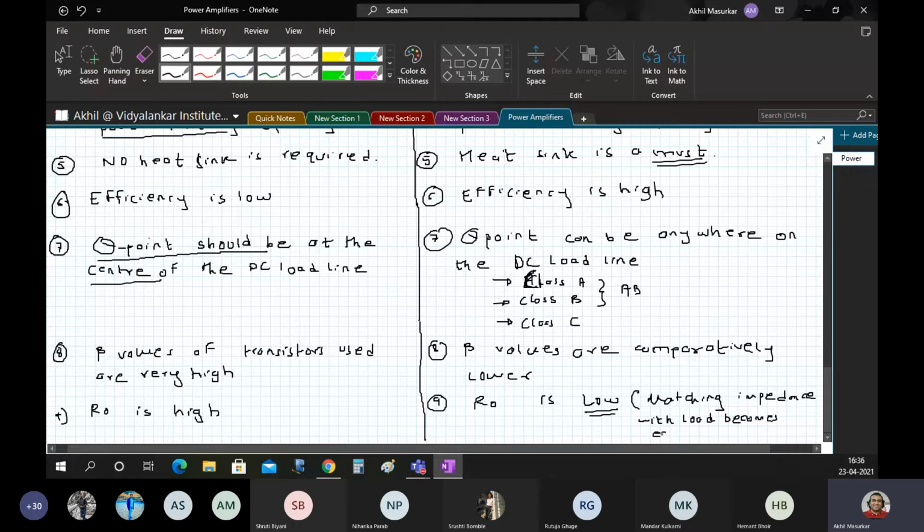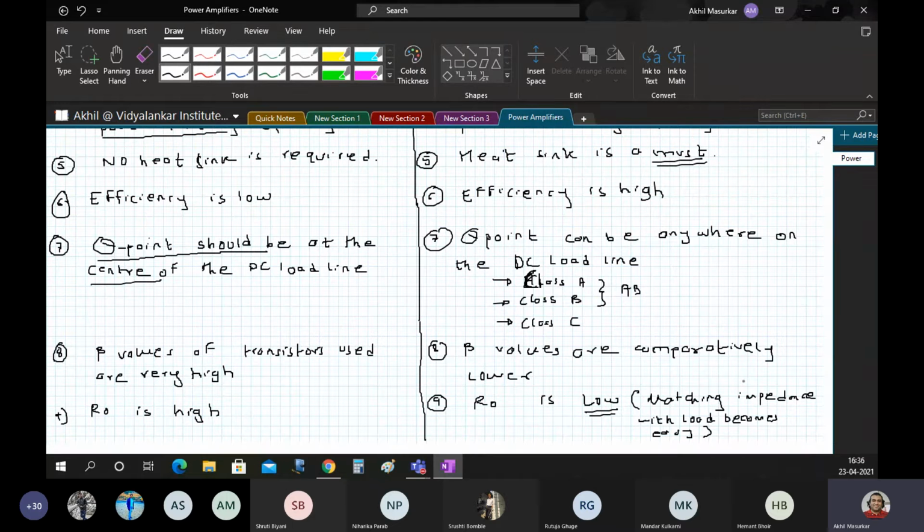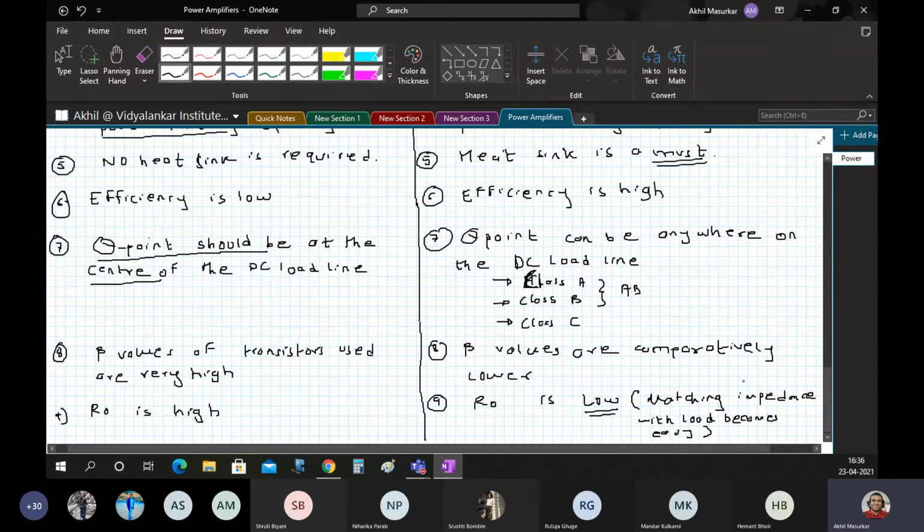And this is why matching of impedance is important for maximum power transfer from the amplifier to the load. So you have generated a lot of power, but unless the impedance is matched, there cannot be a transfer of power from one stage to another.